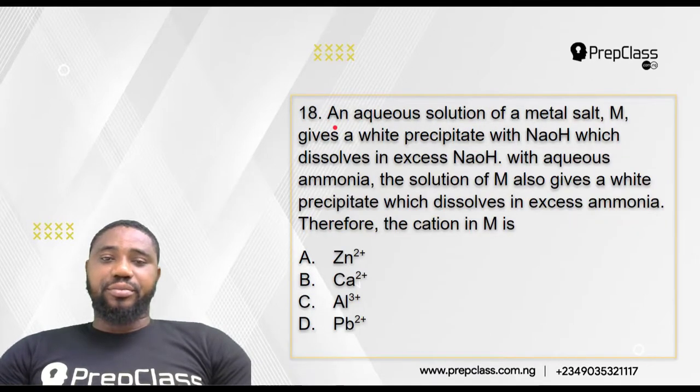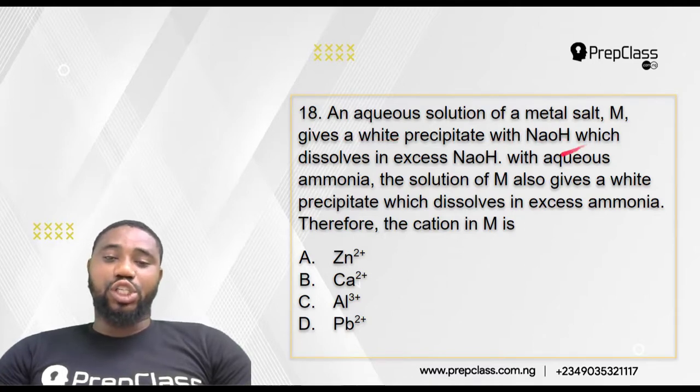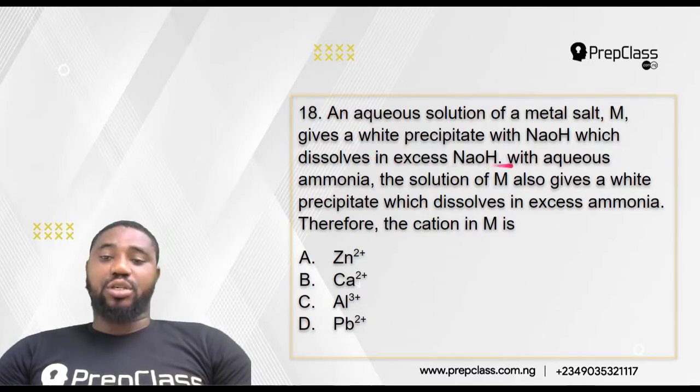18. An aqueous solution of a metal salt, M, gives a white precipitate with NaOH, so that's sodium hydroxide, which dissolves in excess NaOH. With aqueous ammonia, the solution of M also gives a white precipitate which dissolves in excess ammonia. Therefore, the cation is.